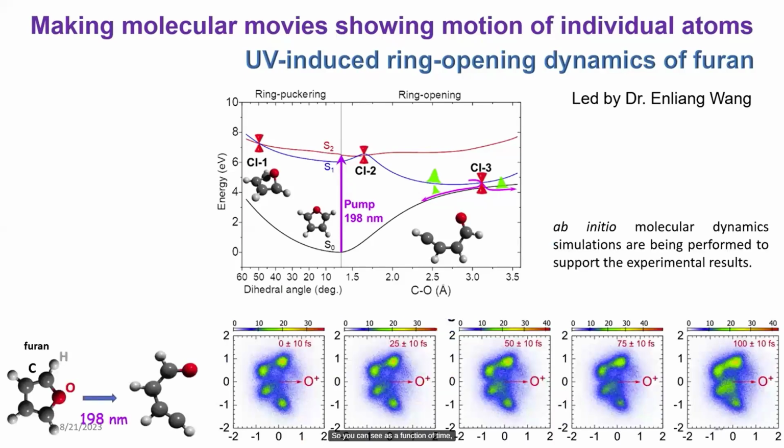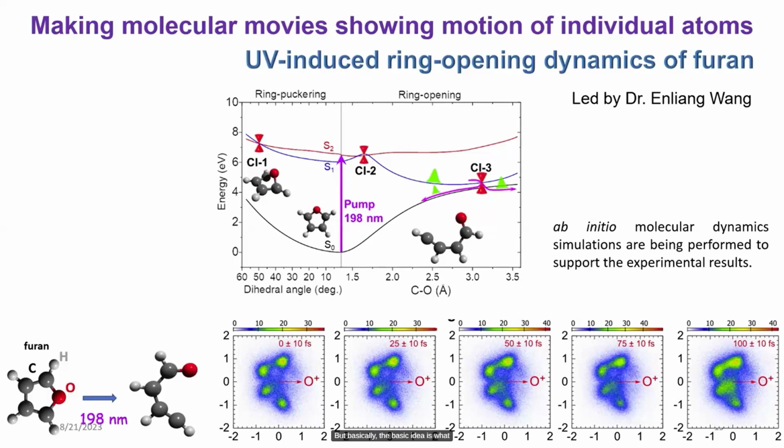You can see as a function of time, from the left to the right, that the atoms corresponding to this carbon start to go toward the center. Of course, there's some blurriness in the other atoms as well. In the pump-probe measurement, you have contributions from pumped and unpumped molecules, so the interpretation is a little bit more complicated.